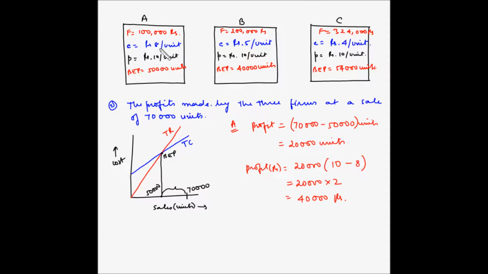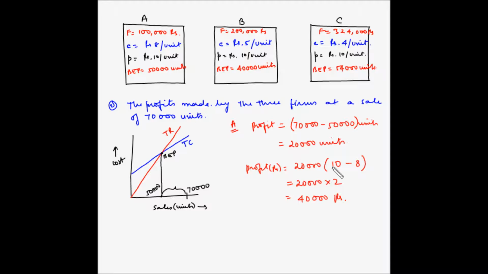So as we had discussed earlier, in case of firm A, 2 rupees, which is the difference between the selling price and the cost price, is contributing to cover for the fixed cost of 100,000 rupees, and that is why the break-even point came out to 50,000 units. And after the break-even point, then basically the fixed cost has been already covered. So the remaining cost for each item or each unit is the variable cost.